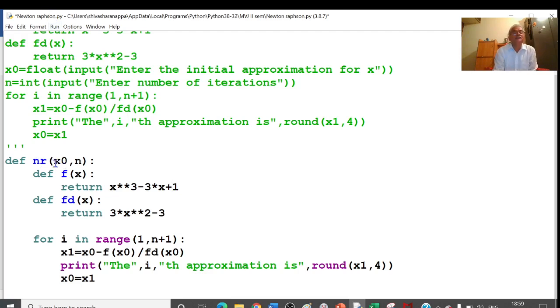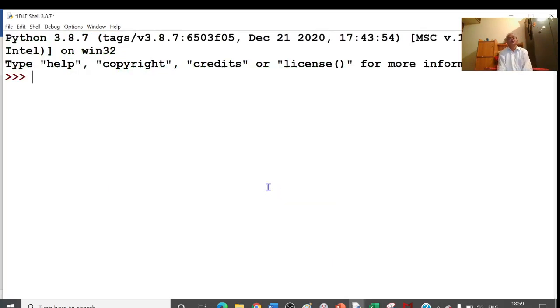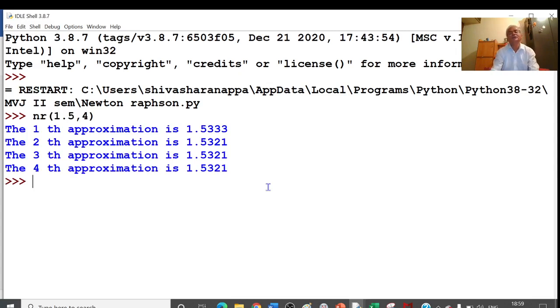Nr takes the initial approximation and the number of iterations. nr, initial approximation 1.5, comma, number of iterations 4, enter. So these are the values.